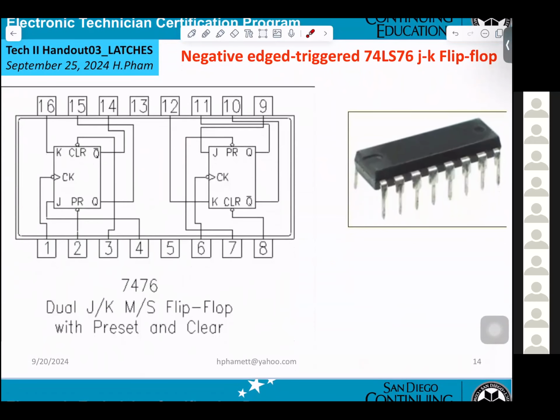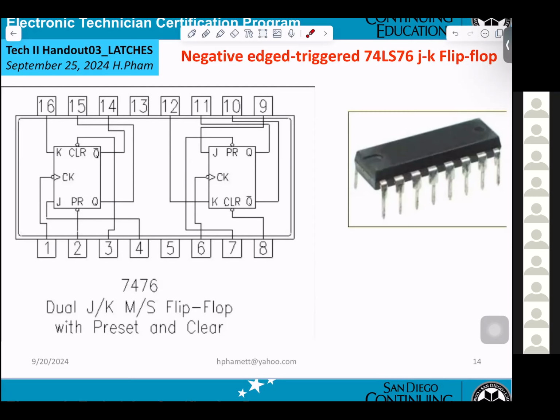And the same thing for the JK. Those are two very, very important ones for everyone. The JK here has a total of 16 pins.